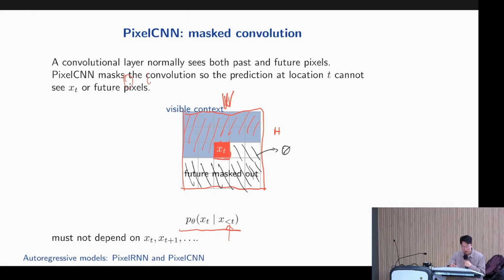So there could be something outside here, outside the convolution window, but we don't have access to it anymore because we're going to use a fixed size convolution kernel. That's good and bad. That's good because we can parallelize the training process. It's bad because we no longer have exact likelihood. Okay?